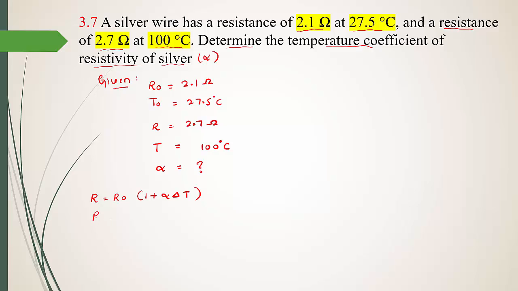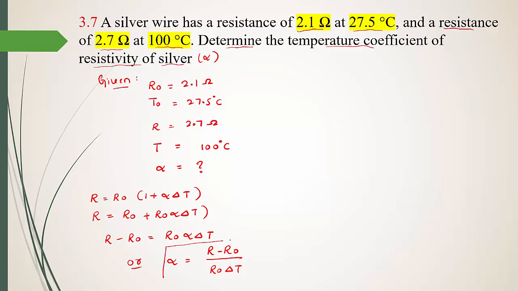I can write R equal to R0 plus R0 alpha delta T, or R minus R0 is equal to R0 alpha delta T, or we can write alpha equal to (R minus R0) divided by R0 delta T. So we can use this equation to find the value of alpha. Alpha indicates the temperature coefficient of resistivity of silver.